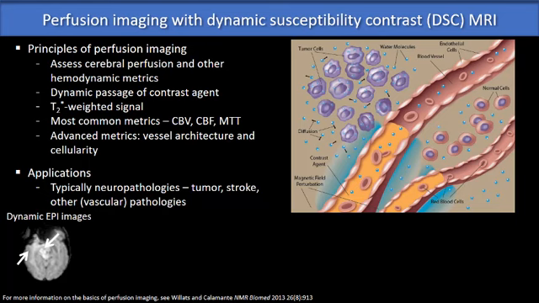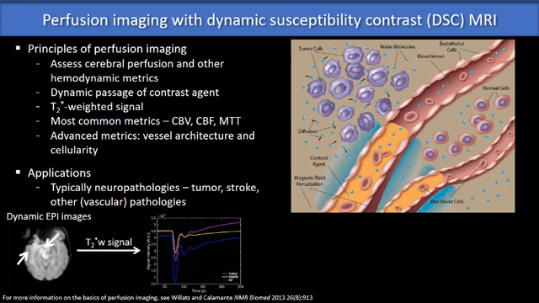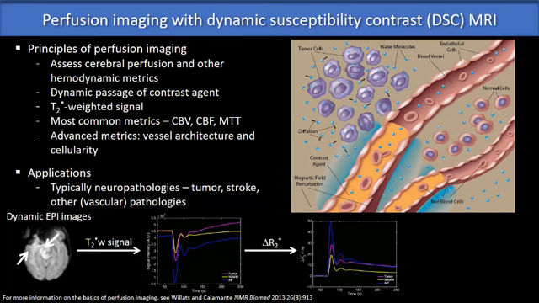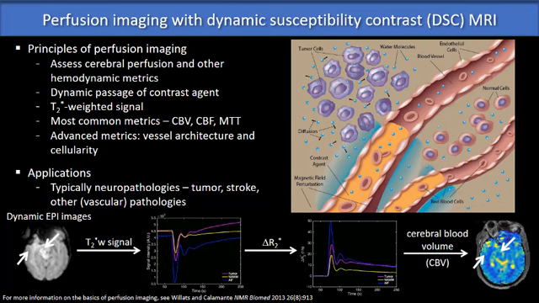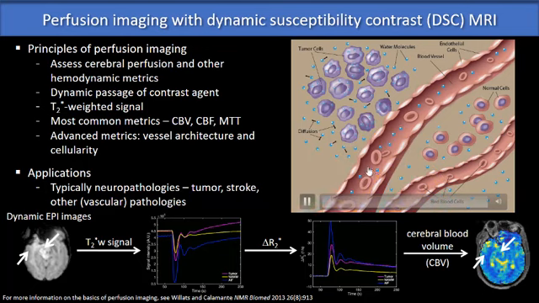So we typically acquire a dynamic set of EPI images that can give us our T2 star weighted signal across time. When our bolus passes, we get a very nice signal drop on our T2 star weighted signal. We can convert that to delta R2 star, and that's how we get our cerebral blood volume. In practice, I'm showing that the contrast agent always remains intravascular.